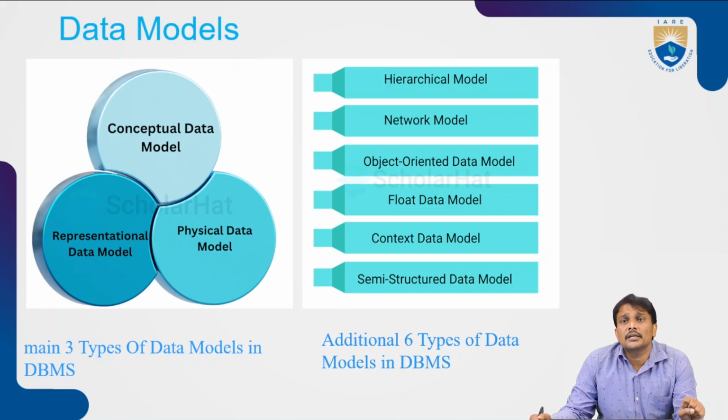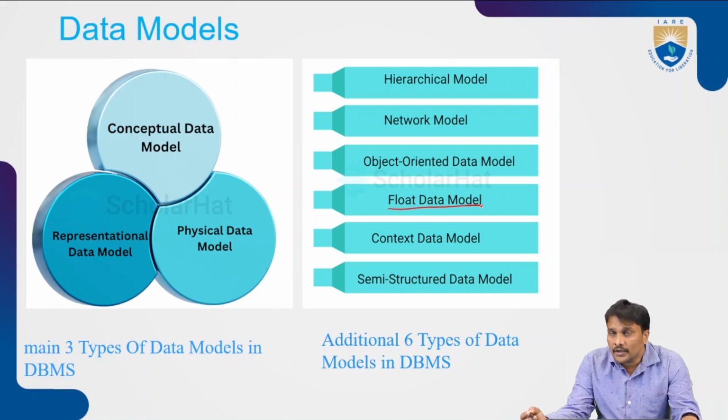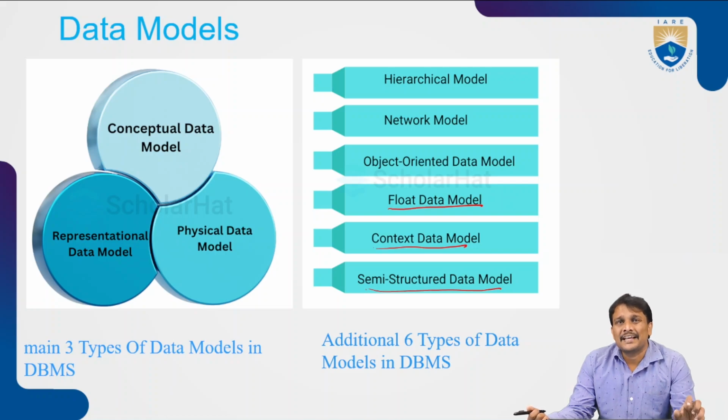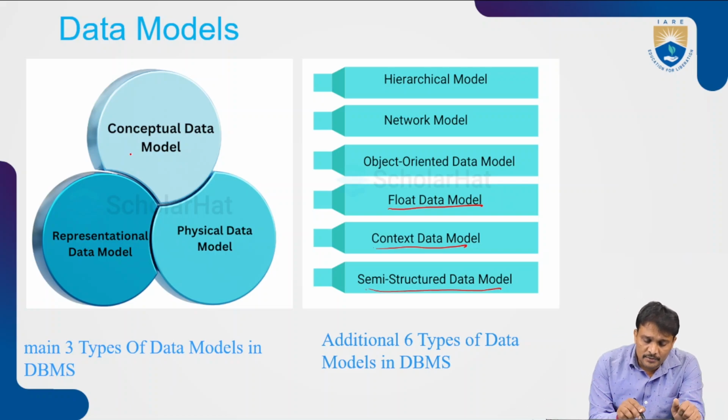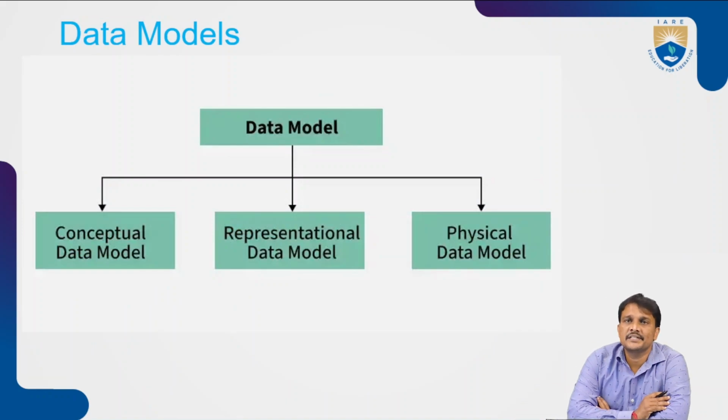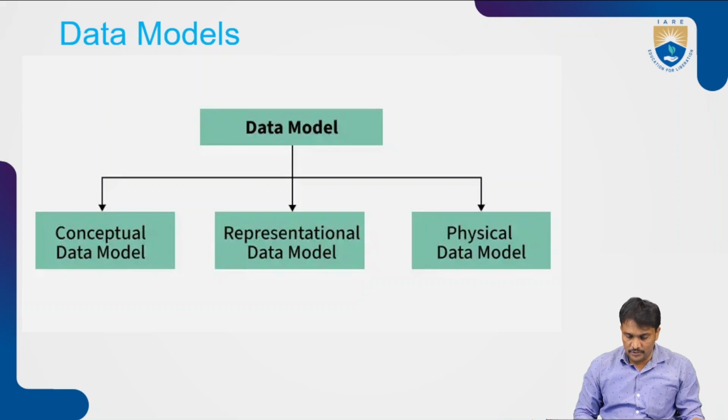The additional data models are the hierarchical data model, network data model, object oriented data model, float data model, context data model, and semi-structured data model. These are the 6 additional data models. Basically, the data models are 3 types in the DBMS: conceptual, representation, and physical data models.